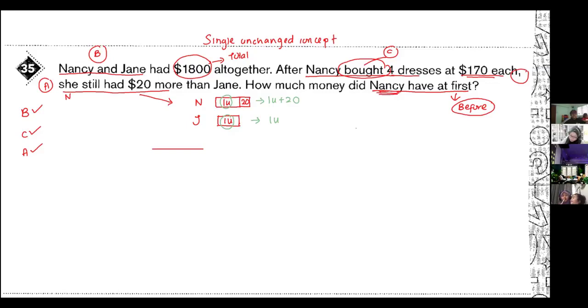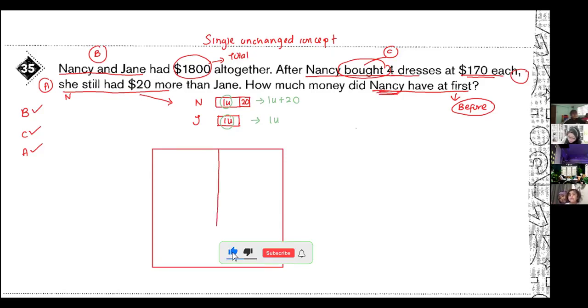Now, what do I do? I draw out my table like that. Then I cut the table into 2 equal columns. Okay. Where I have Nancy and Jane. So here is Nancy. Here is Jane. And then I put my before, change, and after.